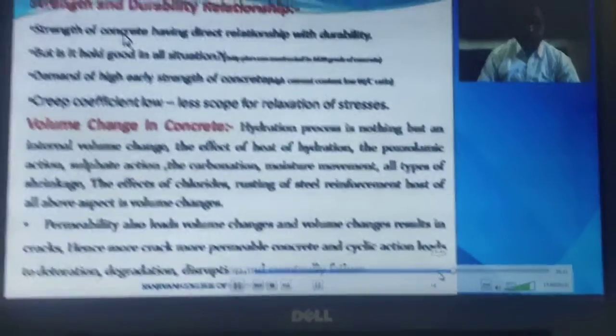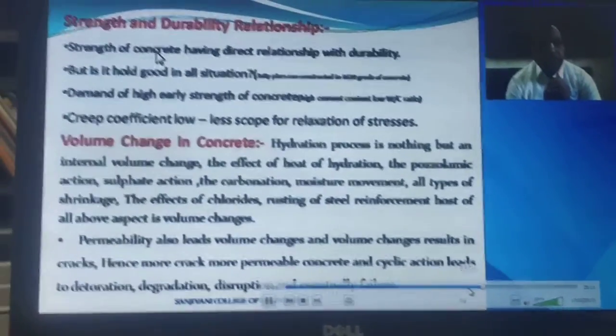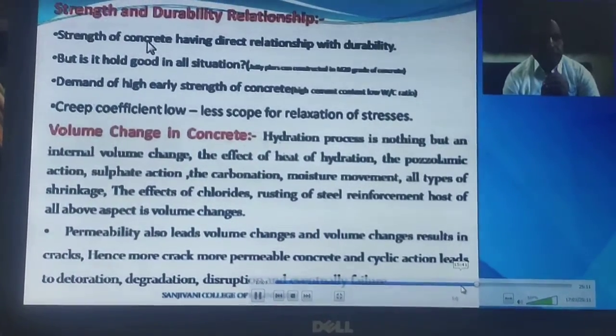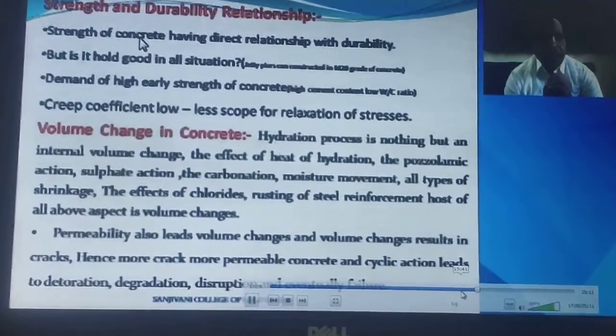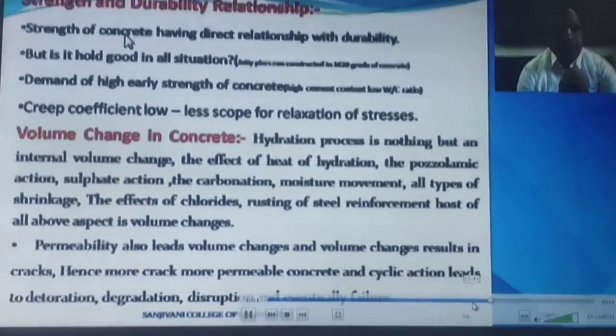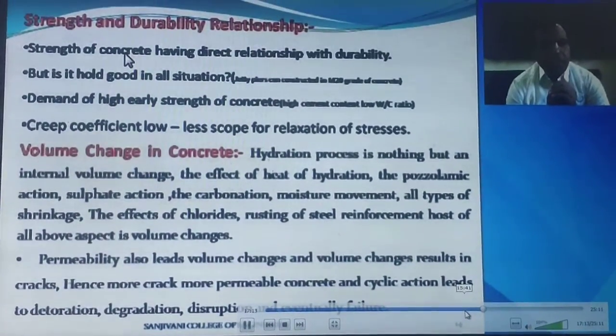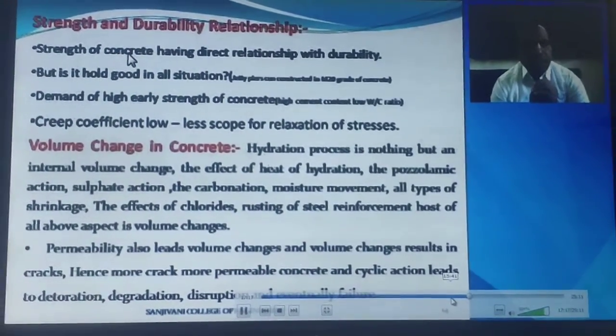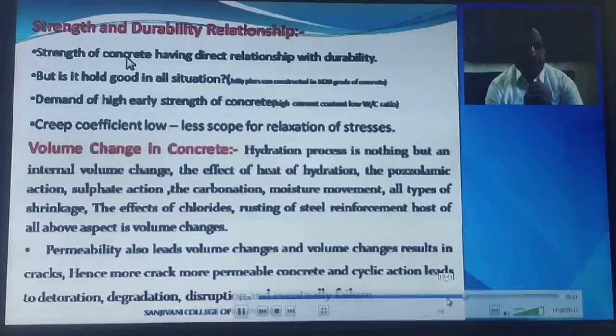Nowadays we require high early strength of the concrete. Due to high early strength requirement, we are increasing the cement content. As the cement content increases, the water cement ratio decreases.